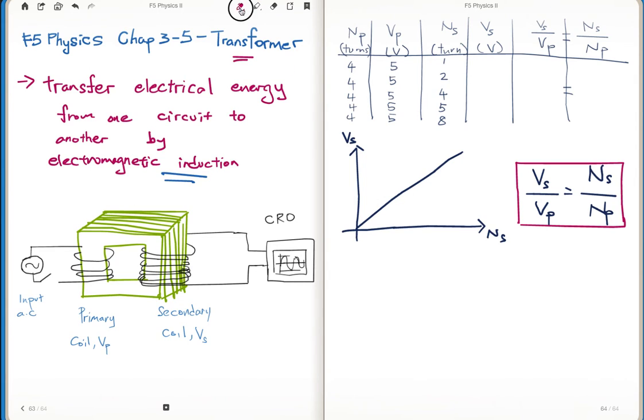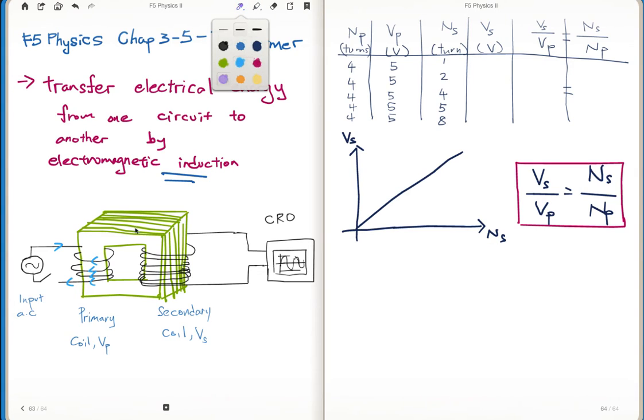Now, it works like this. From what you have learned in Lenz's law, the first half cycle, current goes in here, in this direction. What happened?